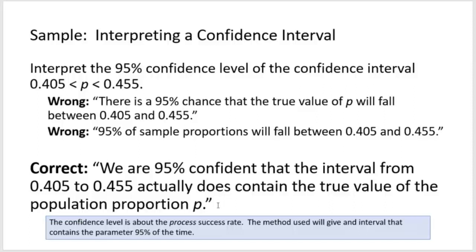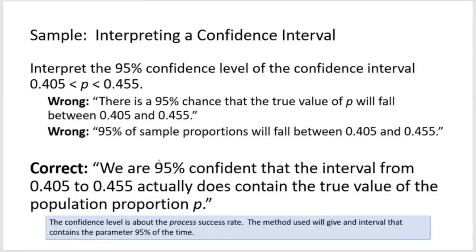Now you could rephrase that, but not a whole lot. Like you could say we're 95% confident that the true population proportion P lies within the interval. So we're just saying that we're 95% confident that it really is in there. So don't be misled by other ways to re-say it. I don't even want to say these aloud. These are not correct ways to deal with that, but you're going to have to do some multiple choice on there.